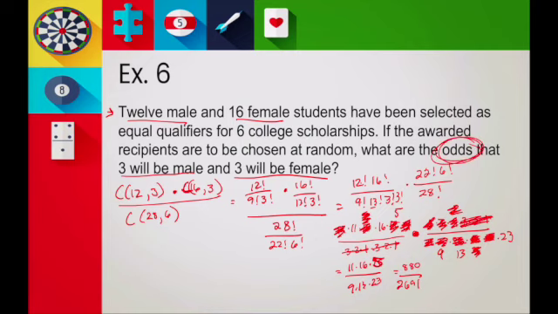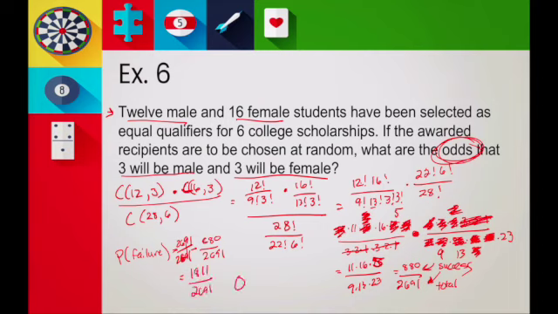So if the total is 2,691 and the success is 880, then our probability of failure is going to be 1 minus 880 over 2691, which you turn that 1 into 2691 over 2691, and you get 1811 over 2691.